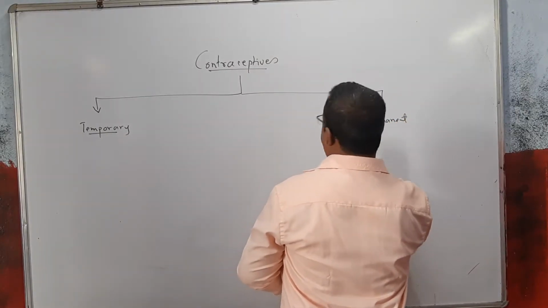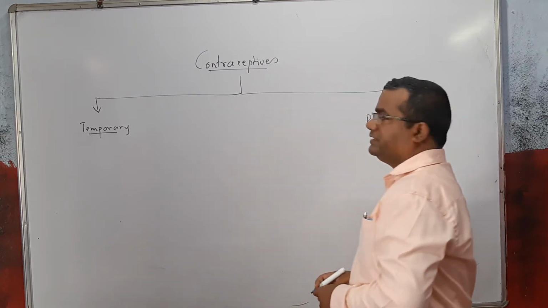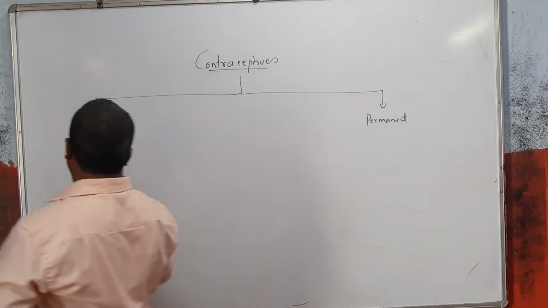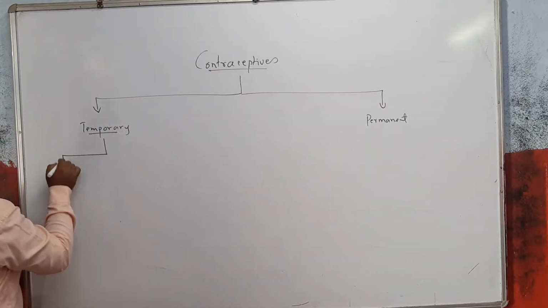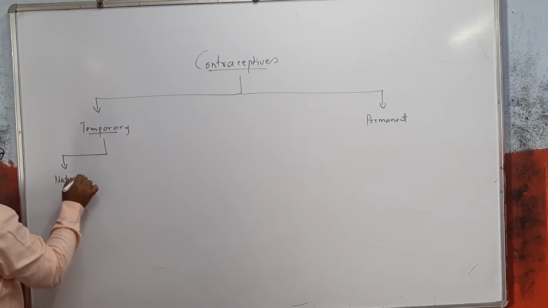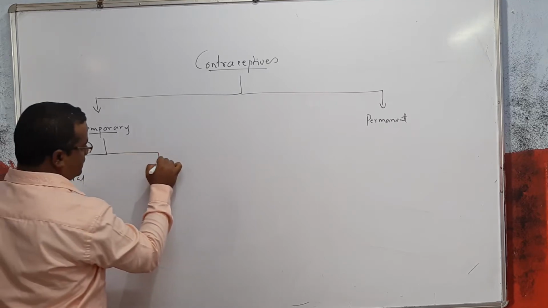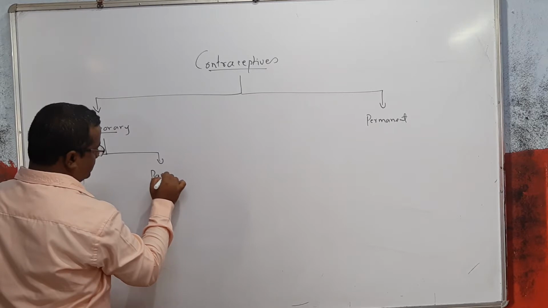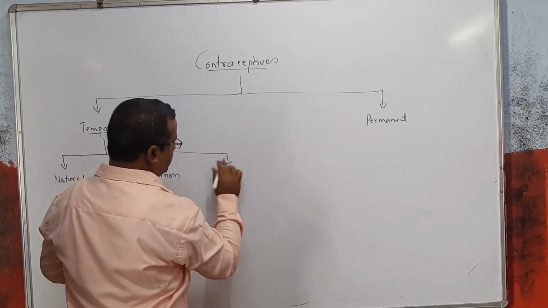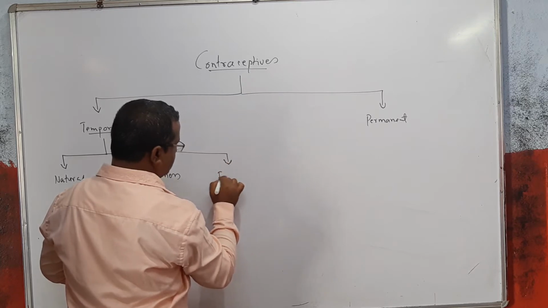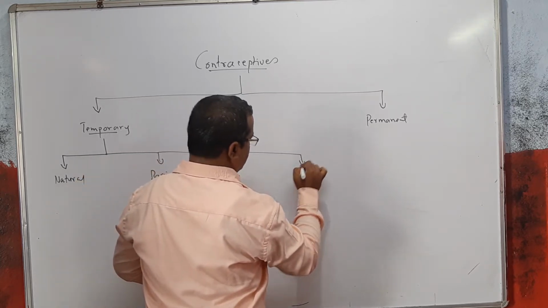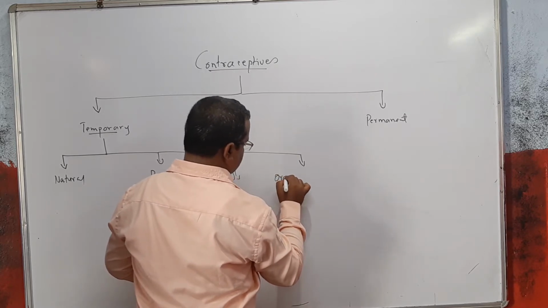In the temporary method, it is classified further into naturals, barriers, IUDs, and oral contraceptions.